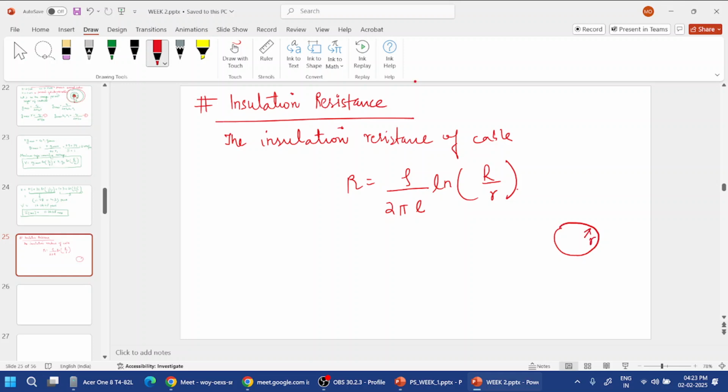This is the small r and this is the capital R. The weightage of this topic is quite high. I think at least 10 to 12 questions come from this easily. So from here we calculate the insulation resistance.